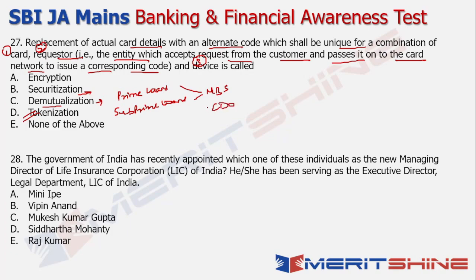So all these were basically asset-backed securities, and that process of converting or transforming an illiquid asset or a group of assets into a security is basically known as a securitization process.